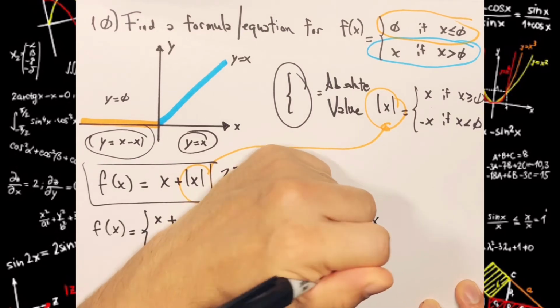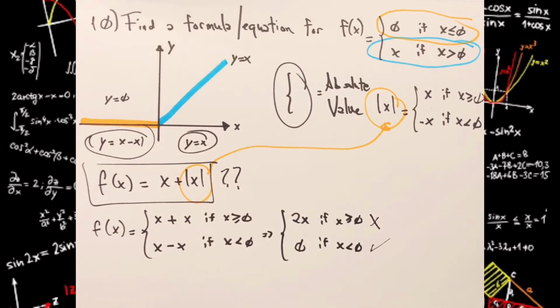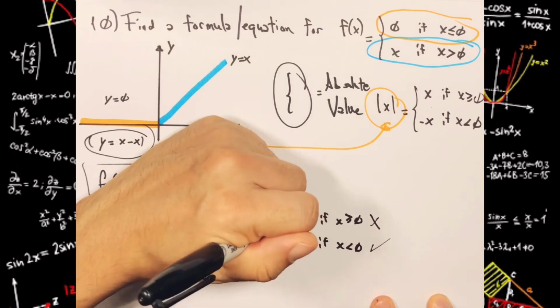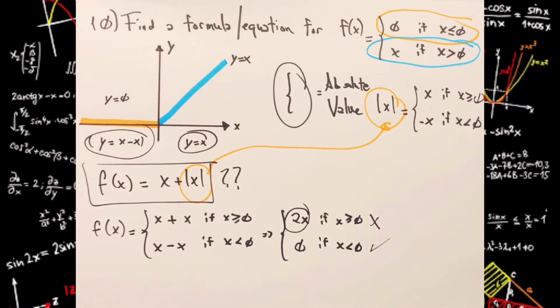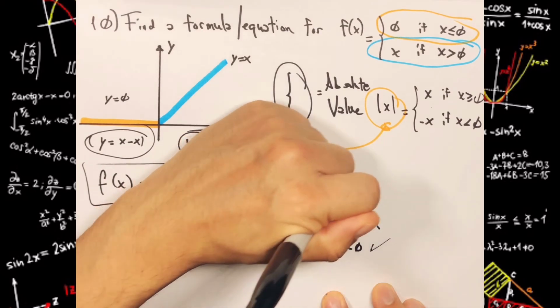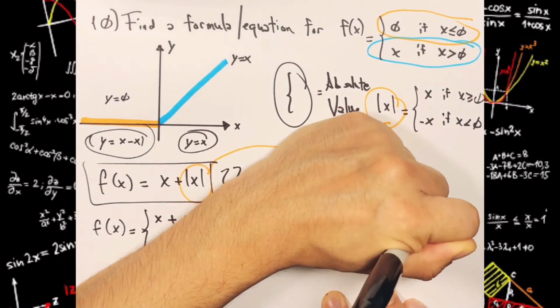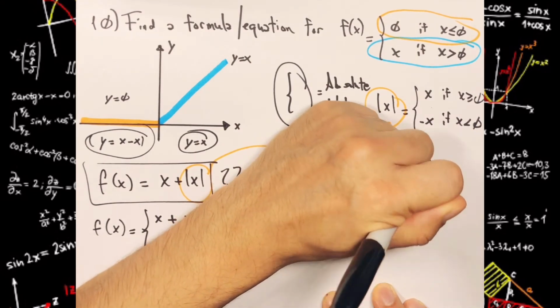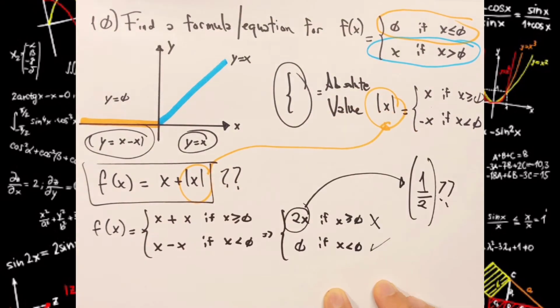So if we compare this with the initial problem, you see that they were on the money on the 0 portion, but we're off when it comes to the 2x portion, because we have 2x instead of x. We have 0 if x is negative. That's good, but the 2 is bothering us. So what do we do to get rid of the 2? Well, if we were to somehow apply a factor of 1/2 and get rid of that 2, that would pretty much be the solution that we would be looking for.